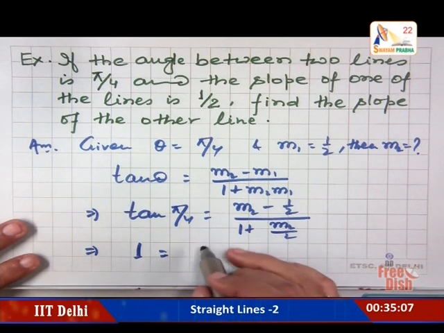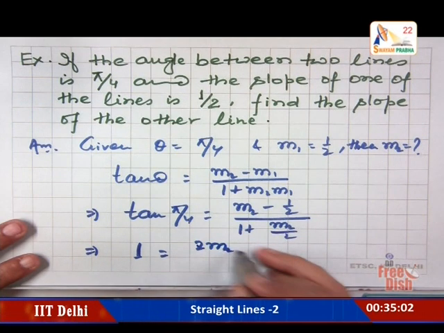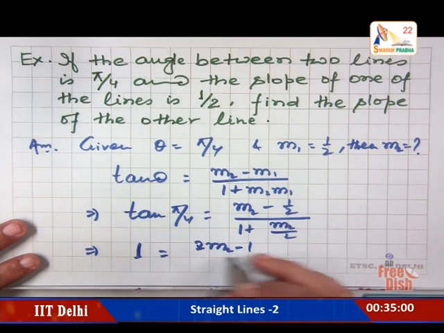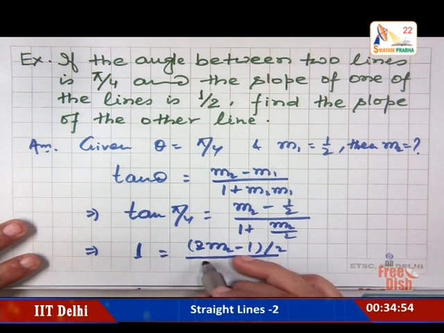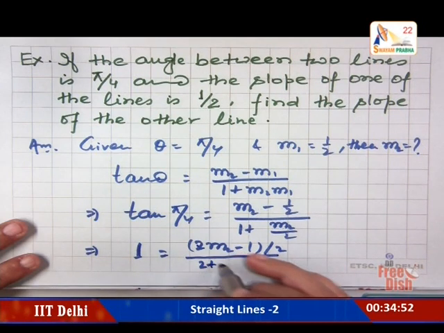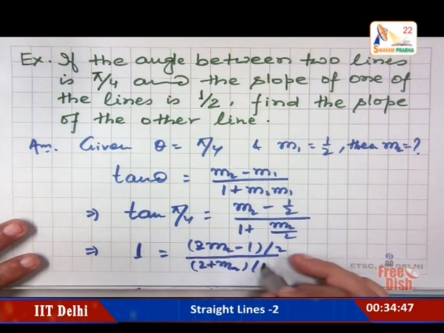So (2m2 minus 1) by 2, divided by (2 plus m2) by 2.